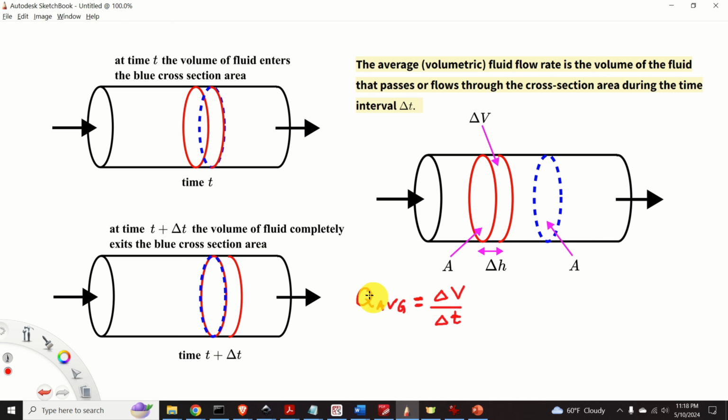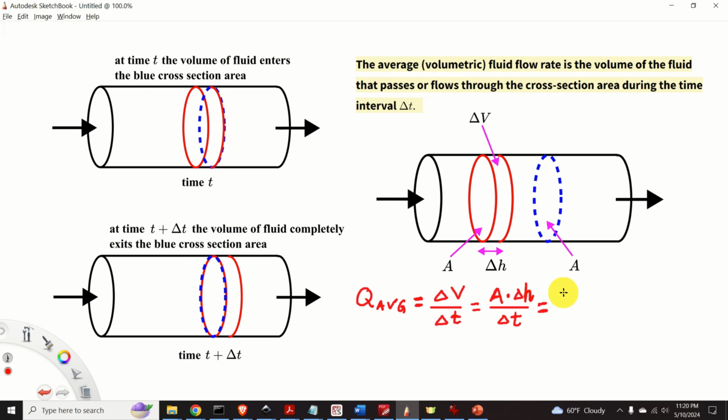And this is the mathematical statement of this definition. Let us now write this formula a little bit differently. From this figure over here, we can see that delta V is A times delta H. Consequently, we can write, instead of delta V in the numerator, A times delta H. And in the denominator, we have delta t.